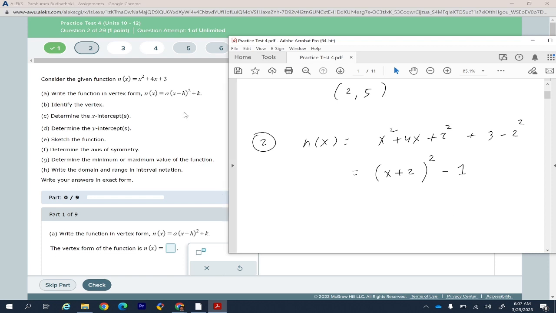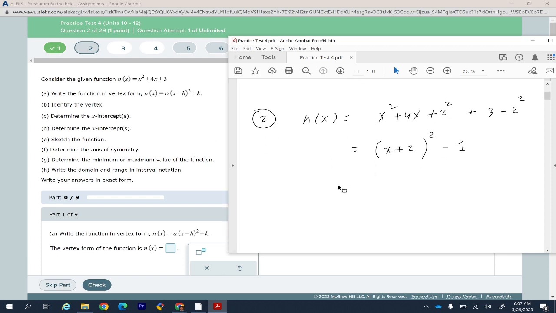So now if you compare this with the standard equation of the parabola, there is nothing here. That means a is 1, h is, because here the sign is plus, you have to make it minus, so h is -2 and k is -1. And now from that we can answer this question.